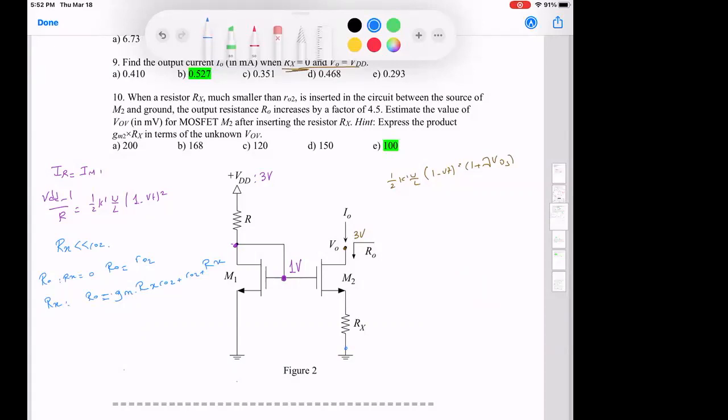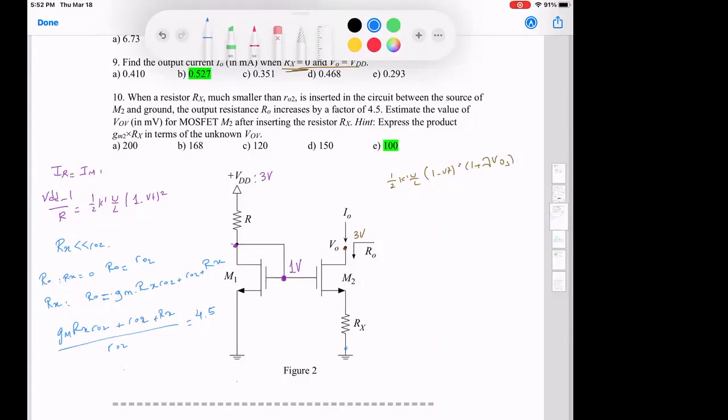So GM RX RO2 plus RO2 plus RX over RO2 will come out to be 4.5. But he's telling me that Rx is much smaller than RO2.